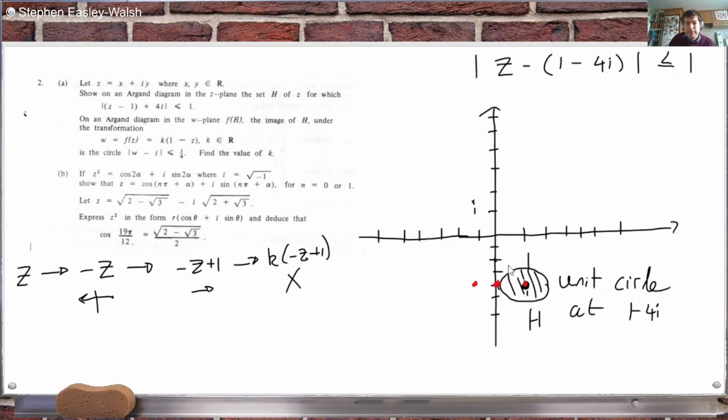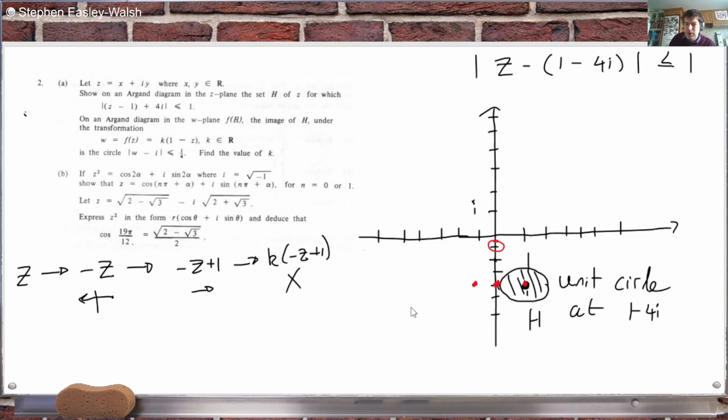Okay. Well, according to this formula, this will get moved to minus i. It'll get moved to here with a radius of 1/4. So it kind of looks pretty obvious then.